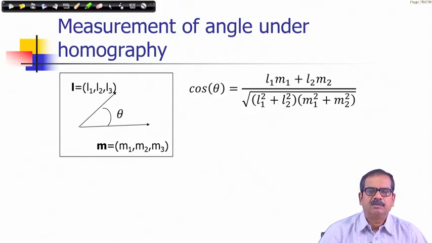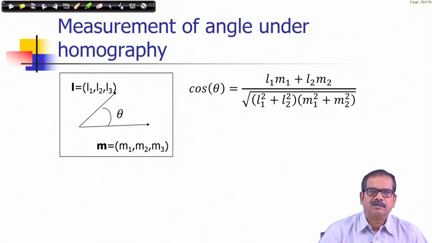So, they could be used for measuring the angle between these two straight lines, as shown in this expression: if you take the dot product of these vectors L1 L2 and M1 M2, and then normalize them, basically the dot product of unit vectors representing those two directions, you will get the cosine of the angle, that is cos theta.